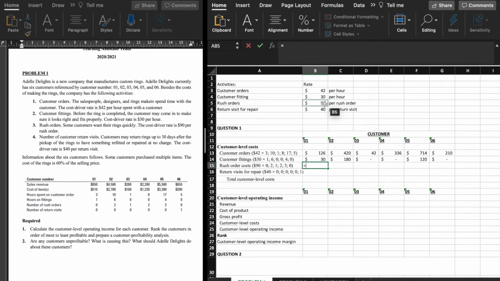It is the rush order rate times the number of rush orders for each customer. And for the return visit for repair, it is the same: the return visit rate times the number of return visits per customer.